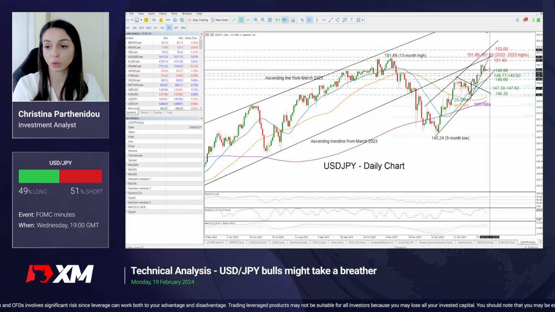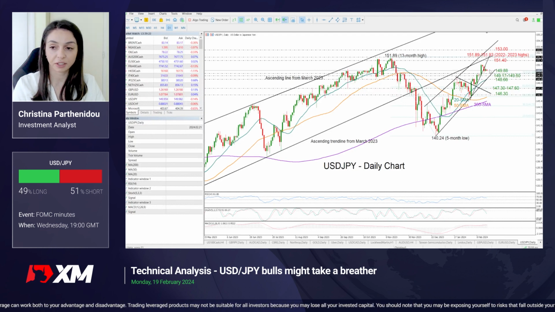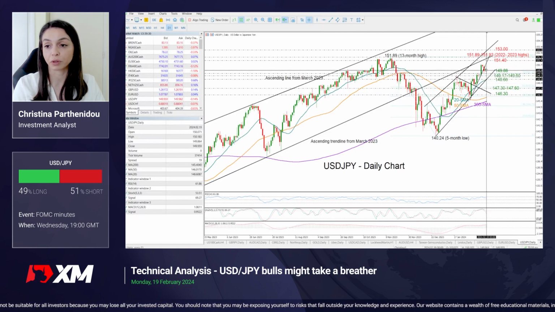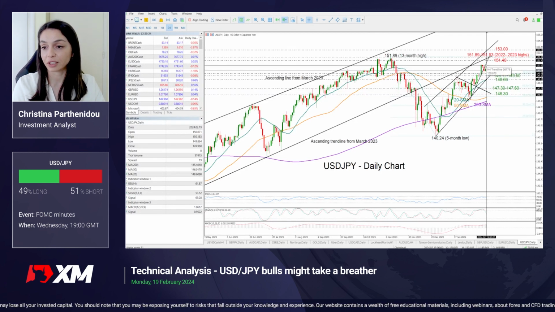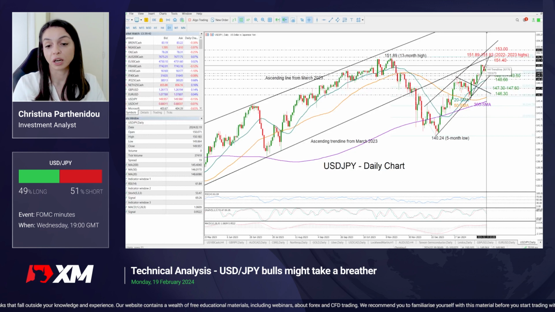But we shouldn't forget that Japanese authorities are not very happy when dollar yen is rising rapidly above the 150 level. So an FX intervention from Japan could also be a risk for dollar yen in the short term.